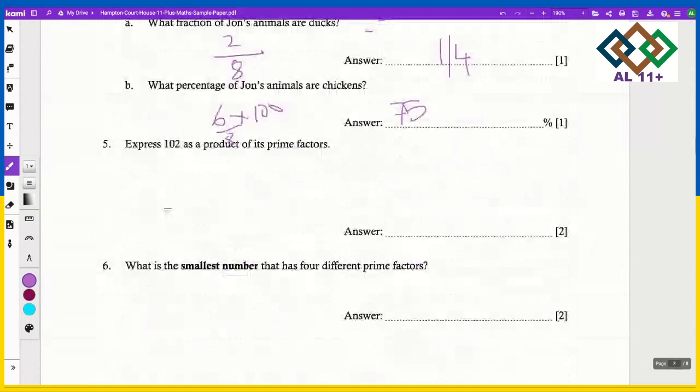Express 102 as a product of prime numbers. So 102, you could write it down also as 5 multiplied by 51 and a little more after that.